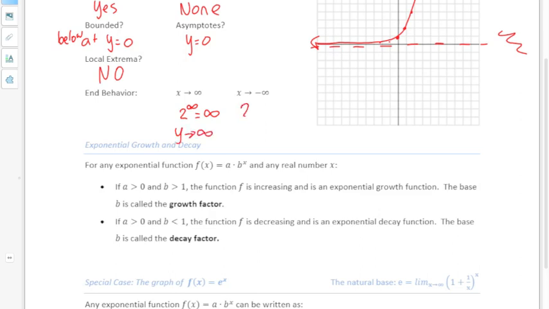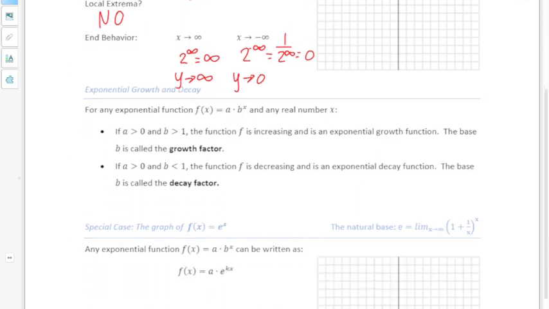But when I plug in negative infinity, remember the negative exponents will bring it to the bottom. So now I have 1 over an infinitely large number. That's going towards 0. And so here I can see the end behaviors, which I've confirmed on the graph already, but as x is going towards the left, y is going towards 0, and as x goes up towards the right forever, y is going up forever.